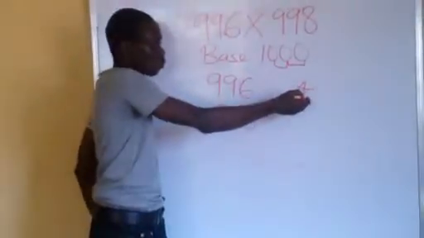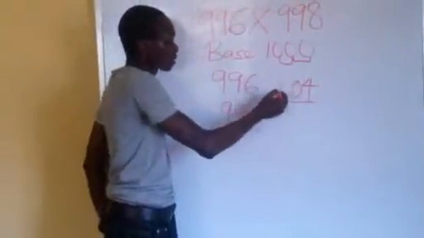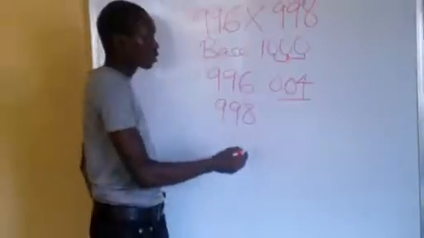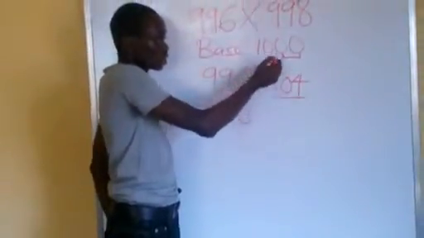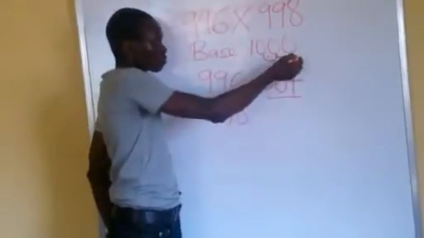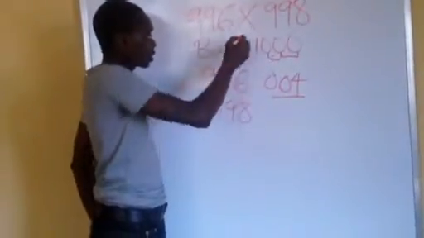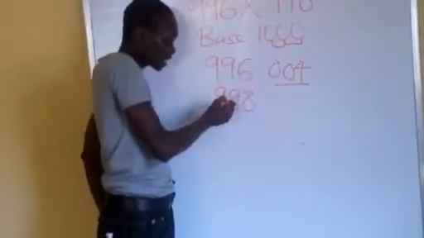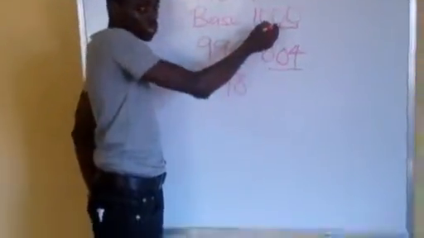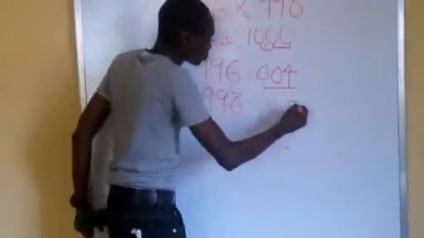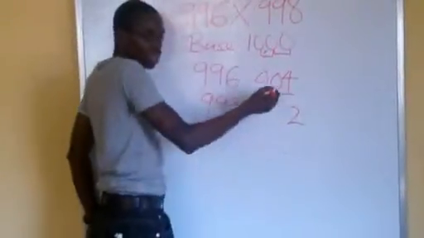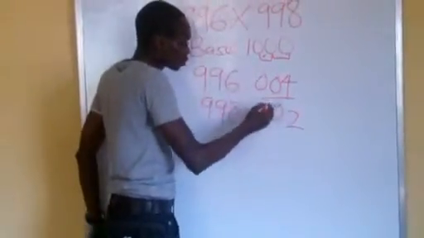So we're going to add 2 zeros here to the 4 to create 3 digits, so as to keep things uniform. Now, next, we're going to subtract 998 from 1000. 1000 minus 998 is 2. To keep things uniform as well, we add 2 zeros here.